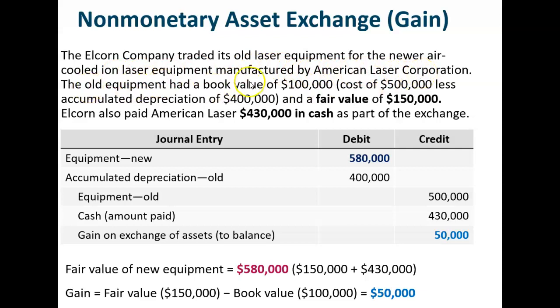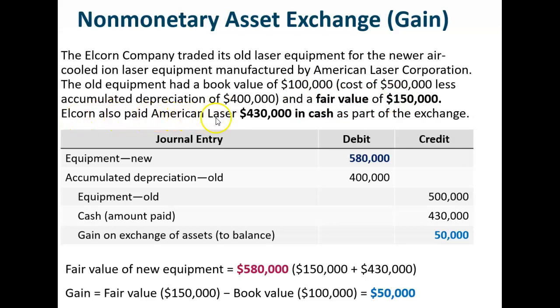The old equipment had a cost of $500,000 and $400,000 of accumulated depreciation had been taken on the old equipment. Therefore, the old equipment had a book value of $100,000. And the old equipment had a fair value of $150,000.